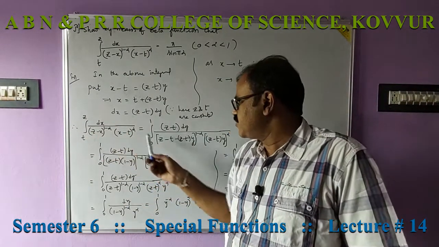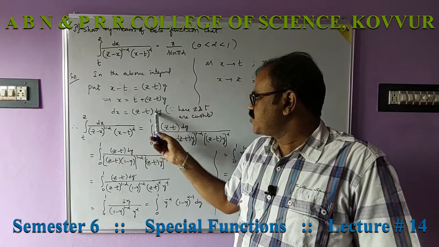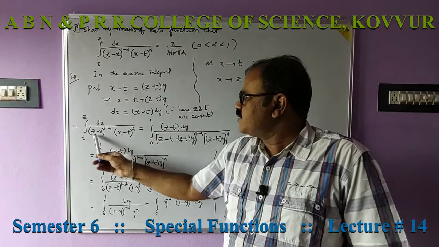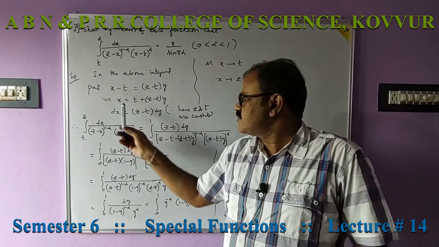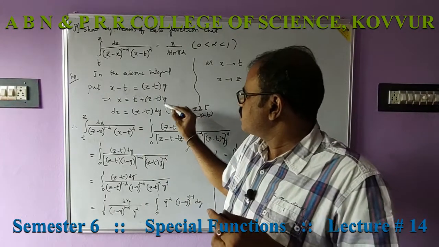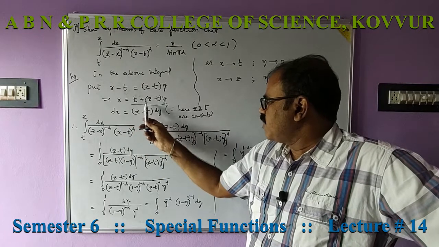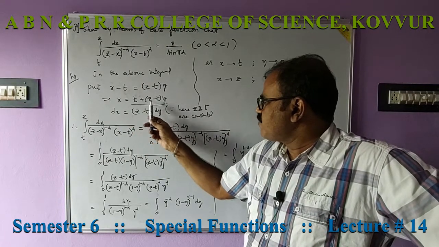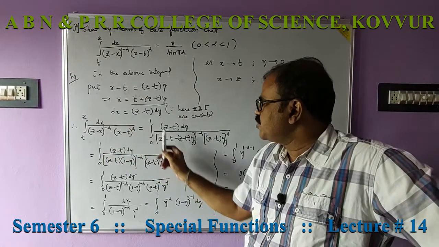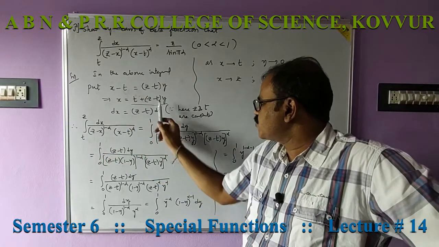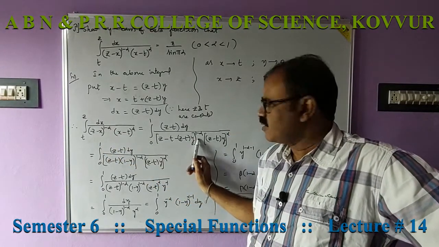So, the integral value is equal to the integral from 0 to 1. In place of dx, you have (z minus t) into dy, and z minus x, z minus x is this, so the entire thing is, z minus t minus (z minus t) into y. z minus x becomes z minus t minus (z minus t) into y, everything whole to the power of 1 minus alpha.